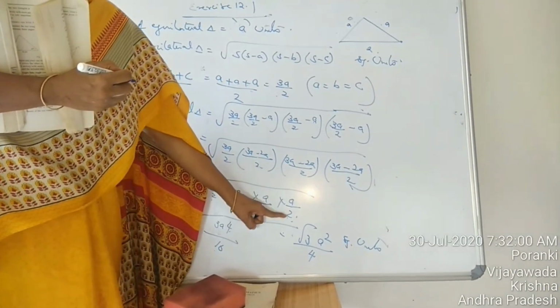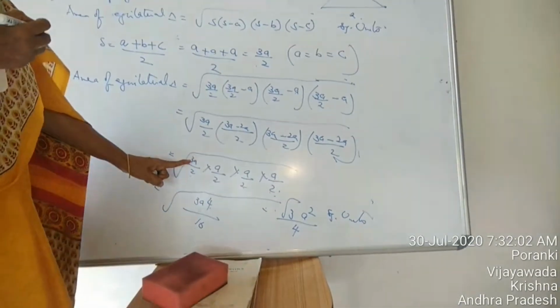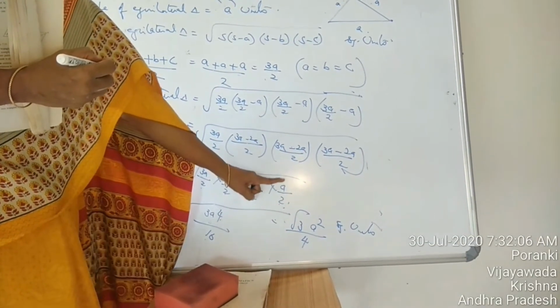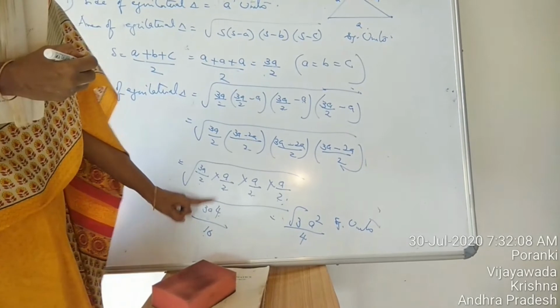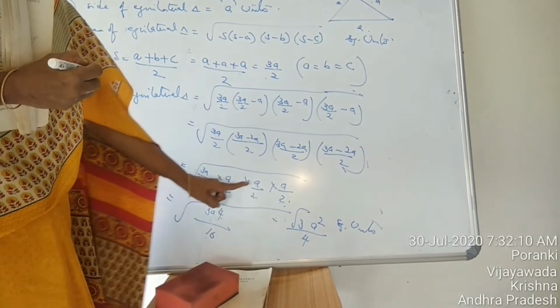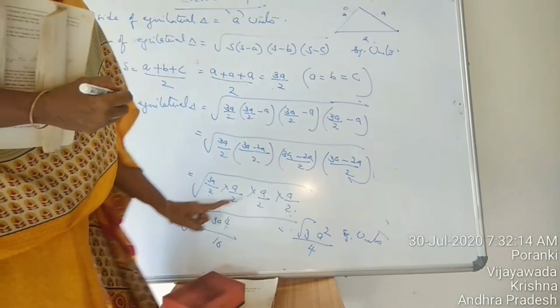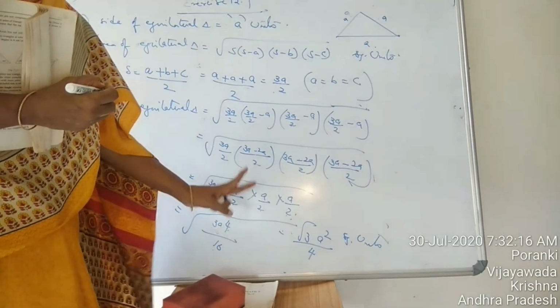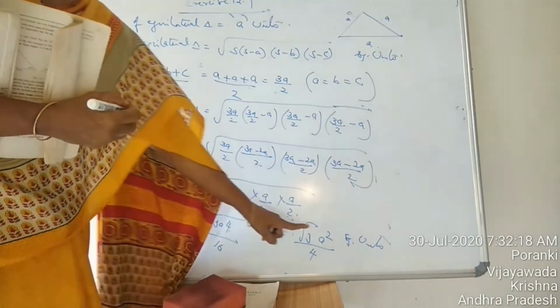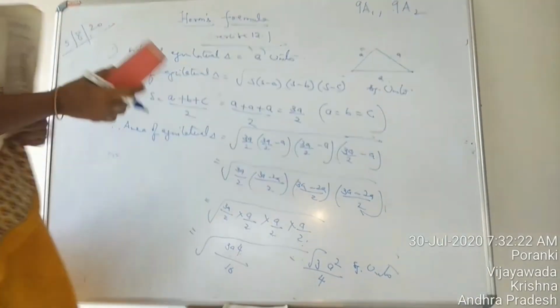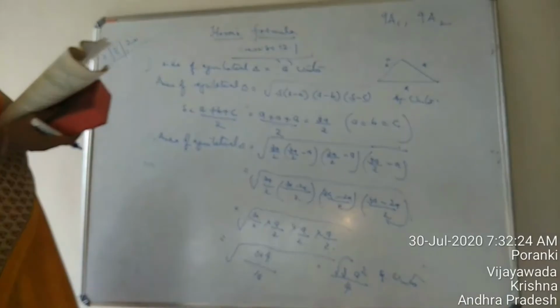A by 2 into a by 2 into a by 2. Multiply. A into a, a square, into a, a cube, into a, a power 4, 2 into 2, 4, into 2, 8, into 2, 16. Go for square root, root 3, no square root. A power 4 square root is a square, and root of 16 is equal to 4.